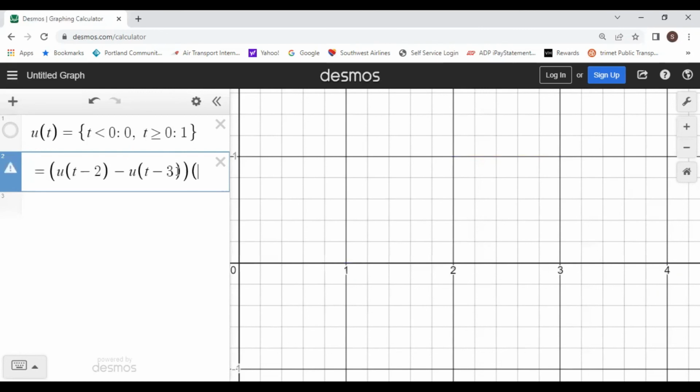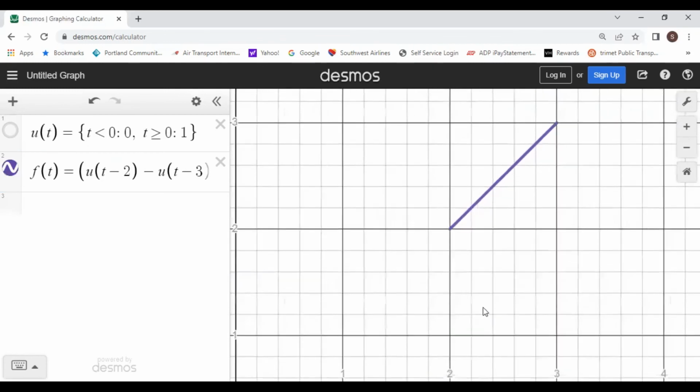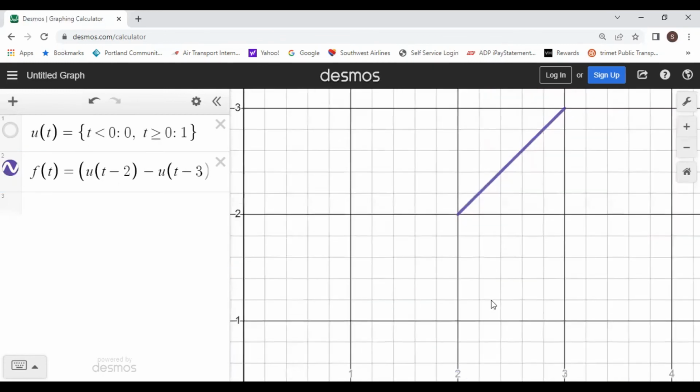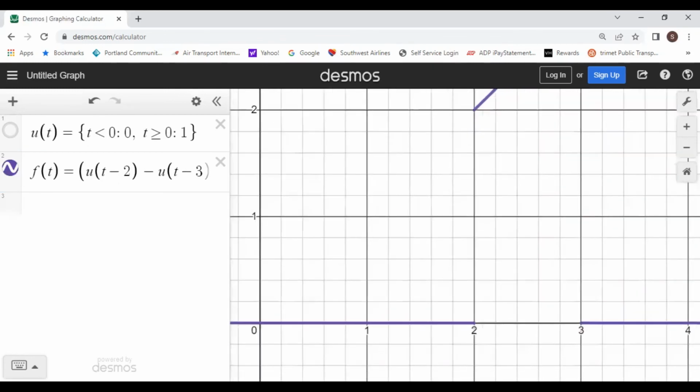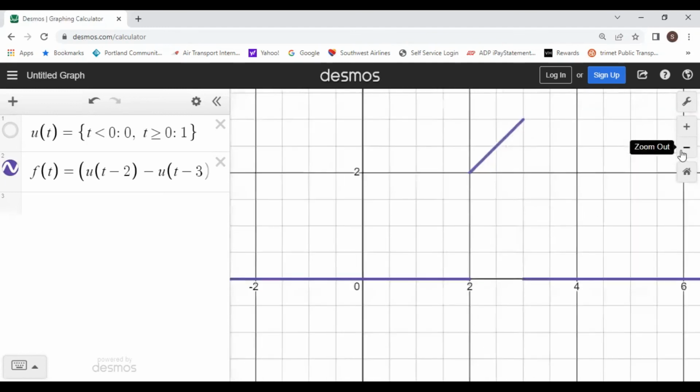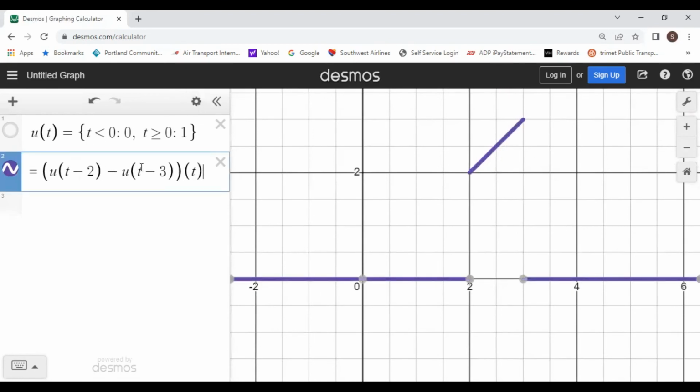And then here, if we just put t, which would be kind of the natural thing to do, here's the problem. It doesn't fit our function. Our function is supposed to be just a shifted version of f of t equals t. So this does not incorporate the shift properly.